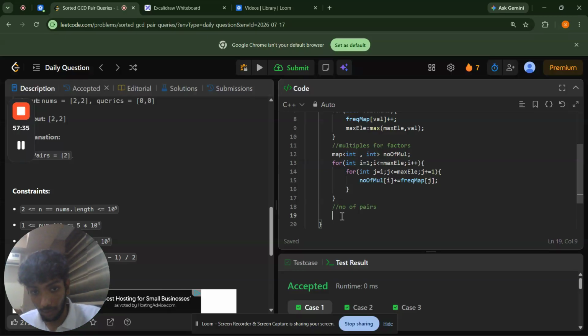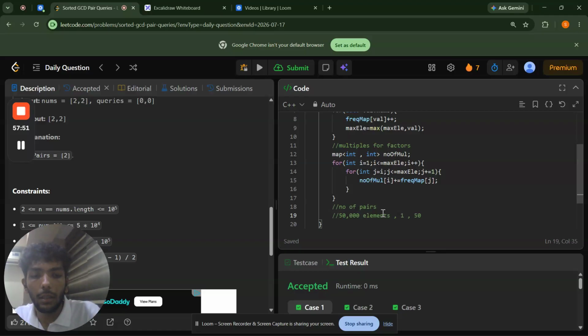Now is the main thing. If there are 50,000 elements, all are 1, then we can say that 50,000 multiplied by 49,999 and then divided by 2, this many pairs can be formed for 1.